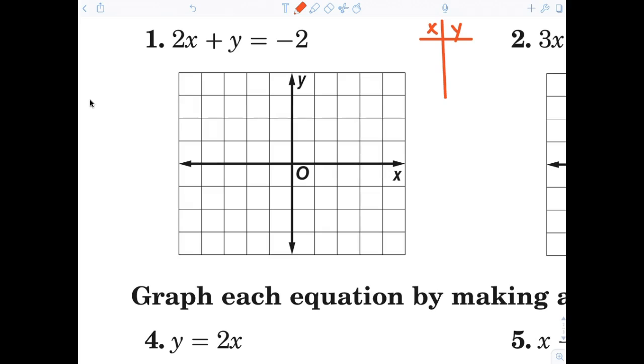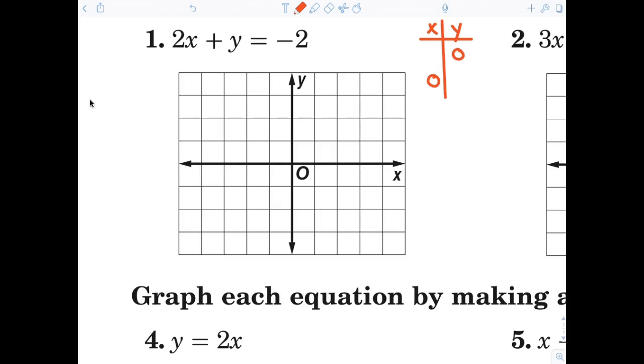Now, here's what I need you to remember. If we're trying to graph using the intercepts, we're going to find the x-intercept first, which means the y value will be 0. Then I'm going to find the y-intercept, so the x-coordinate is 0.